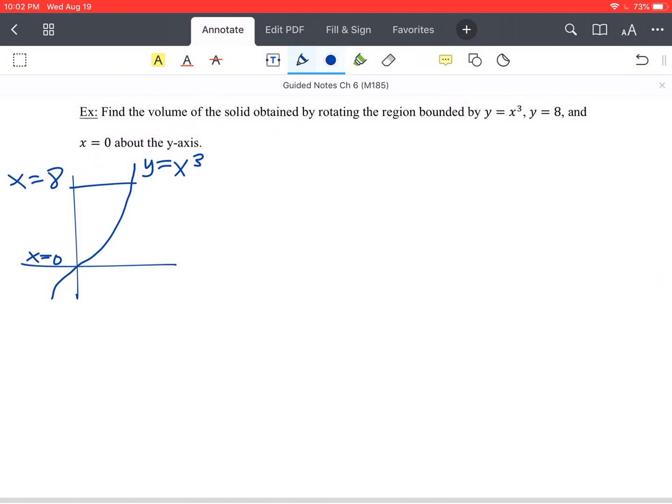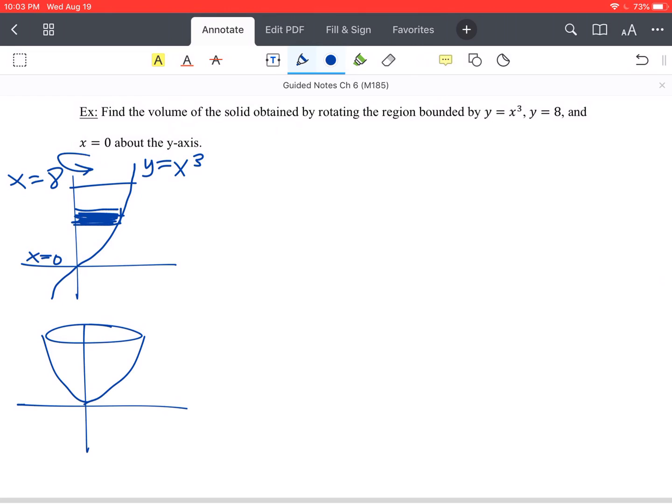Okay, so in this case, when we're rotating about the y-axis, so we're rotating this way, my disk is actually going to be horizontal, like this, because of the way that we're rotating it. So it's going to look something like that, give or take.